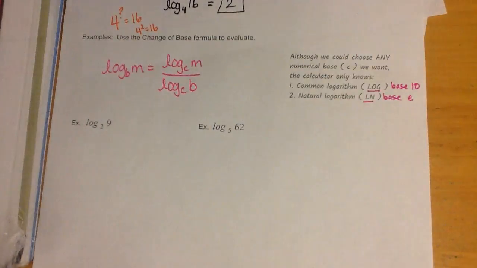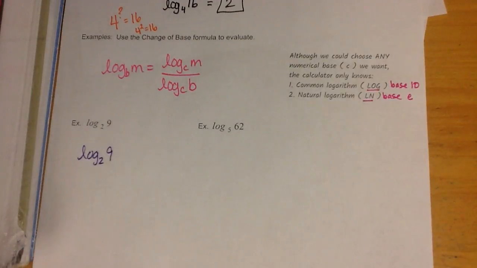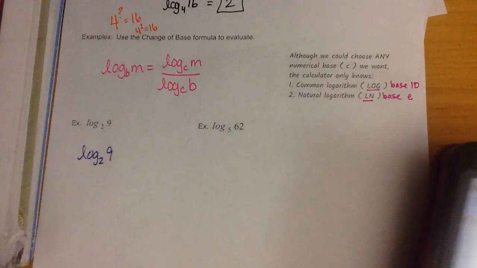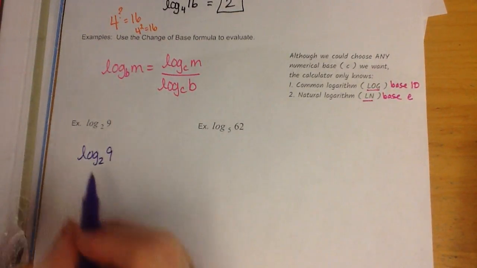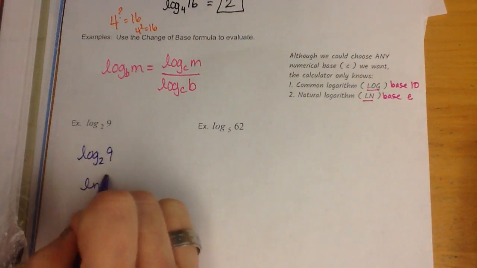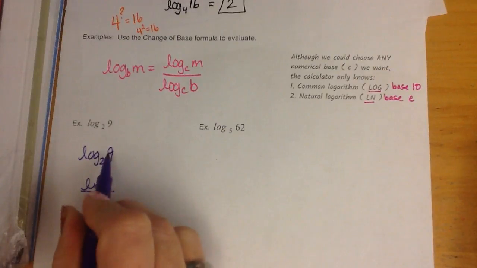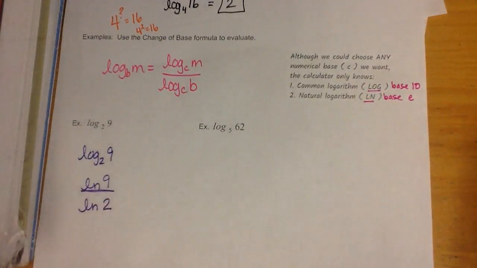So we'll go ahead and start with this one, log base 2 of 9. And we're going to change that to, let's just go with a natural log because it's less writing. So it would be the natural log of the big number 9, and when I say big I mean like tall, divided by the natural log of 2.